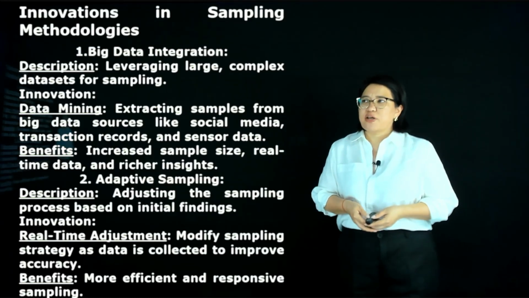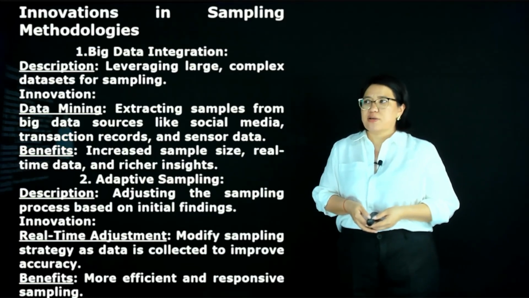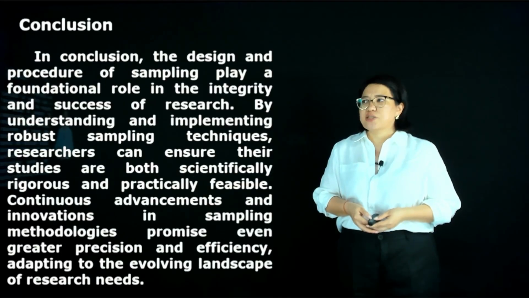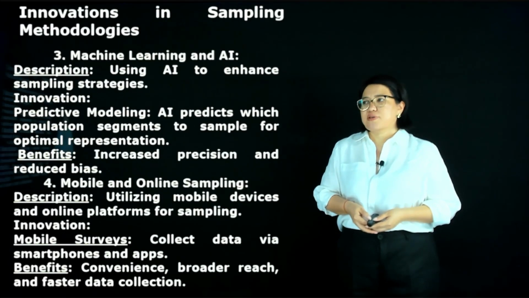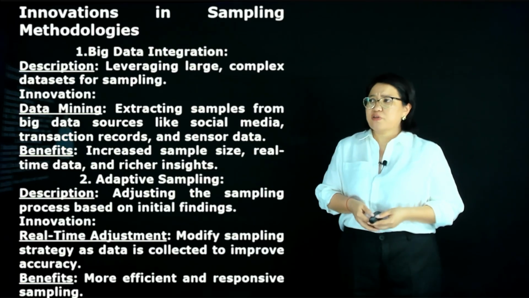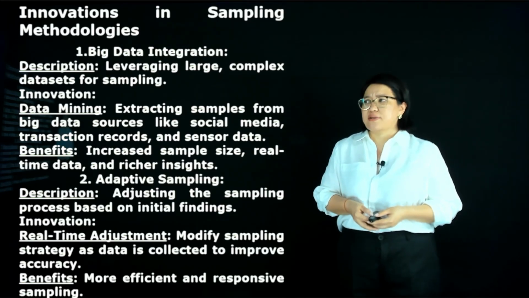Innovation in sampling methodologies: big data integration, adaptive sampling, machine learning and AI, and mobile and online sampling. Big data integration means leveraging large, complex data sets for sampling, and its benefits are increased sample size, real-time data, and richer insights.